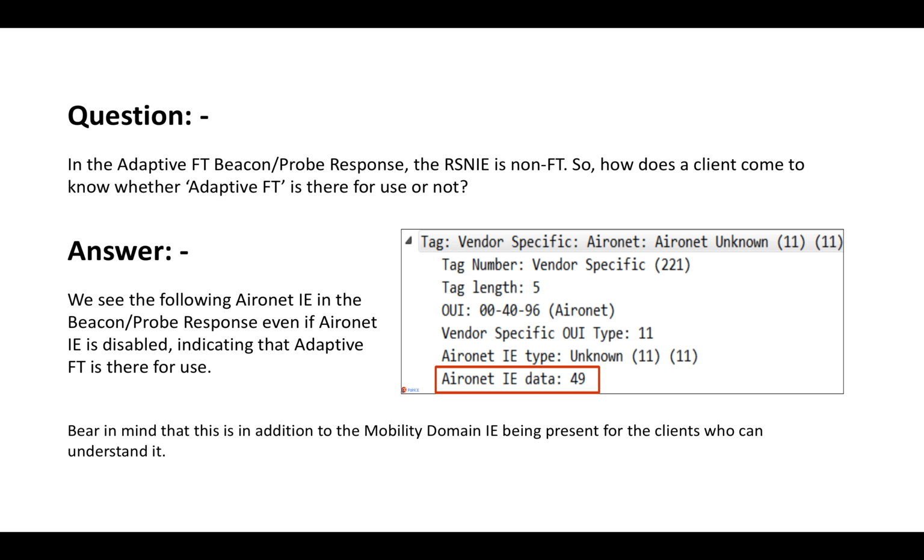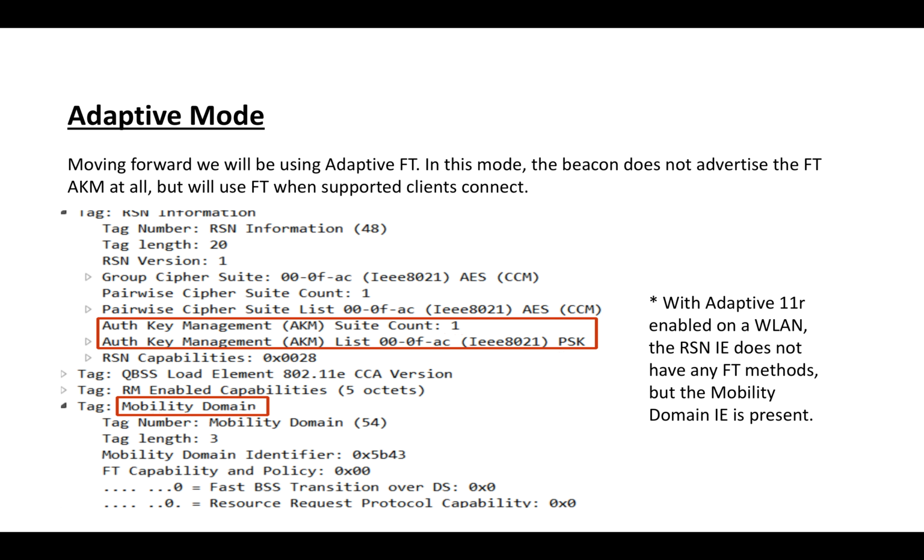Now, let's talk about what happens in the beacon or the probe response when the RSNIE is non-FT, and how does the client really get to know whether the adaptive FT is supported. So here in the adaptive mode, we saw that mobility domain IE is there. That is one thing.